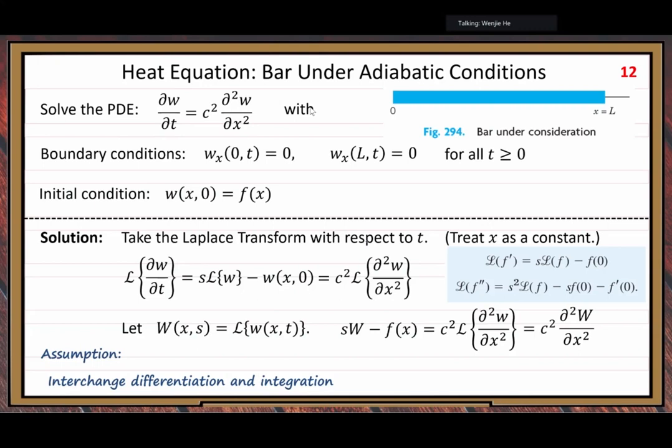Now let us solve the new version, but we want to treat it as an ODE problem. So let's rewrite.